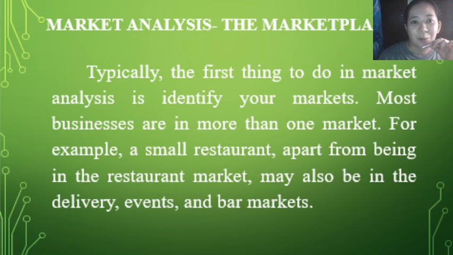So for example, a small restaurant, apart from being in the restaurant market, may also be in the delivery, events, and bar markets. That's how wide the opportunity is for a firm to participate in the different types of markets.